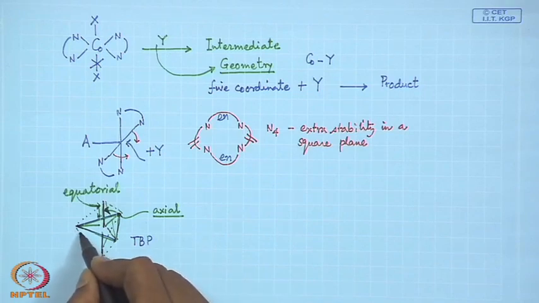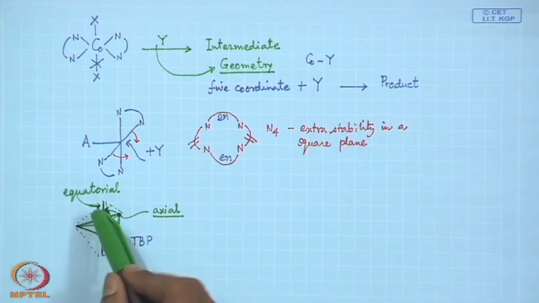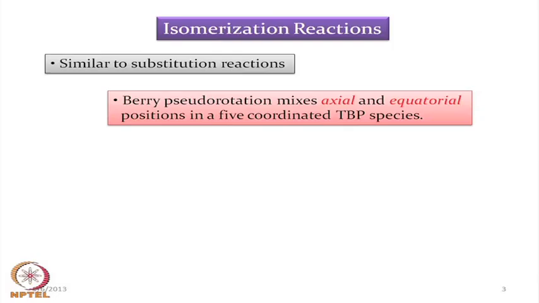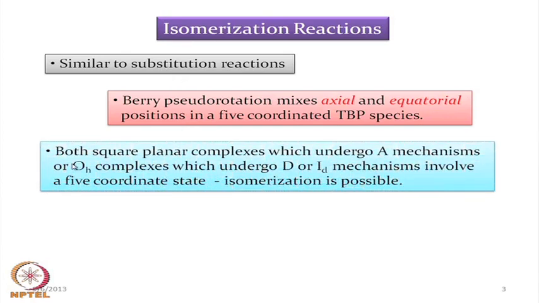So, Berry proposes some kind of pseudo rotation, that means this trigonal bipyramidal geometry can rearrange, and that gives rise to some situation where both square planar complexes which undergo associative mechanisms, or octahedral complexes which undergo dissociative or interchange dissociative mechanisms, involve a 5 coordinated state.